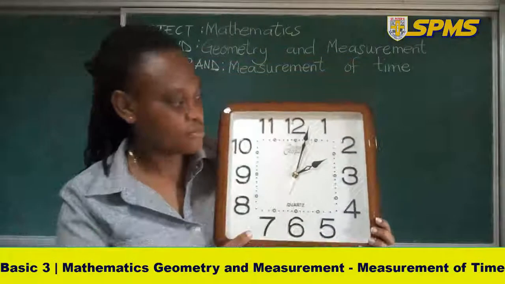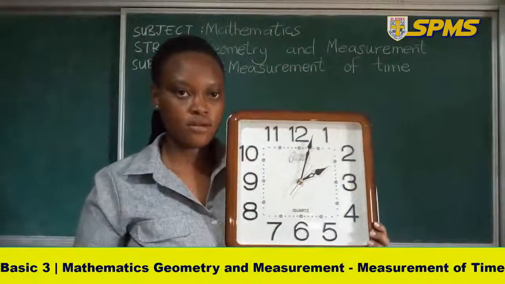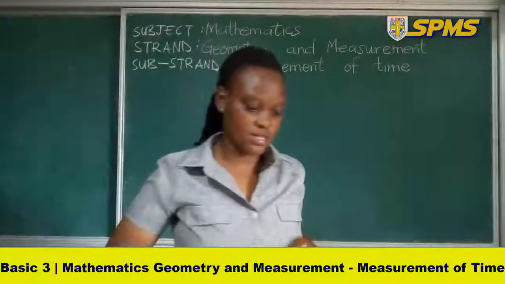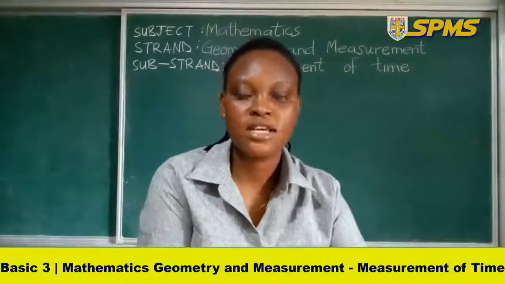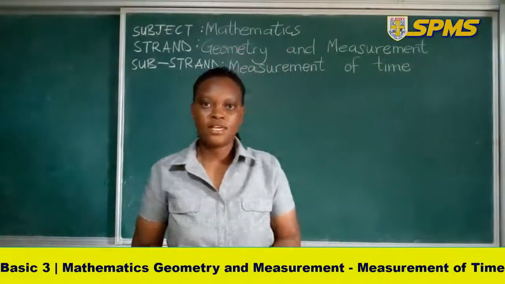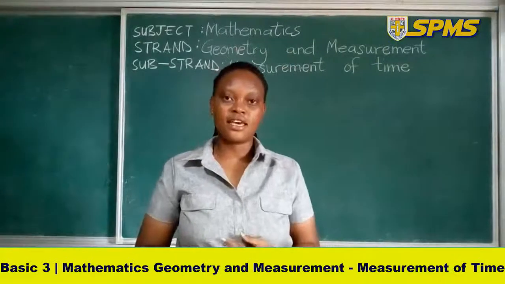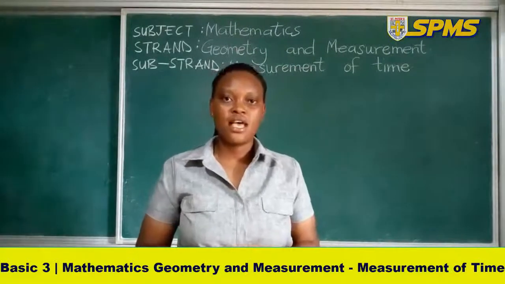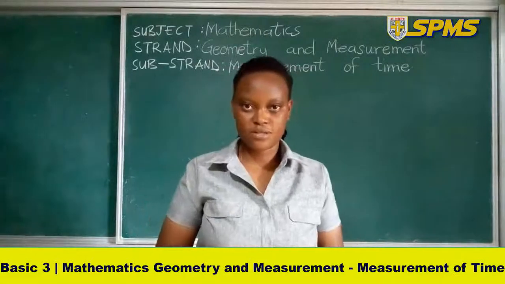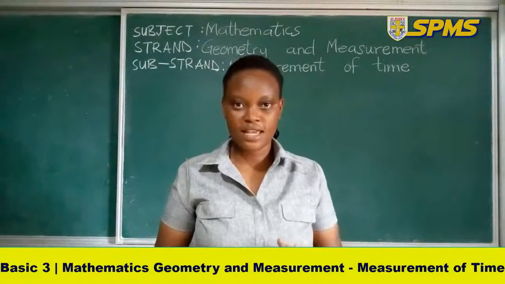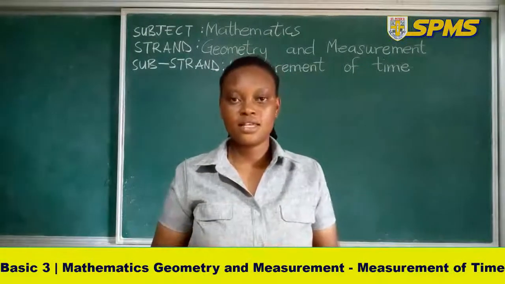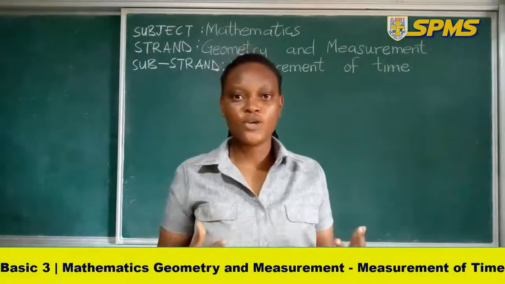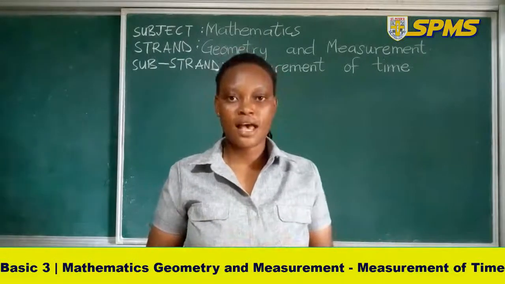Very good. We have 3 units when measuring time. These units are the seconds, the minutes, and then the hours. They are used in telling the time.